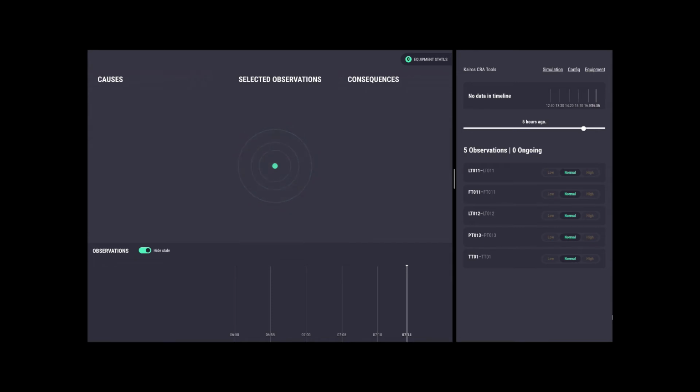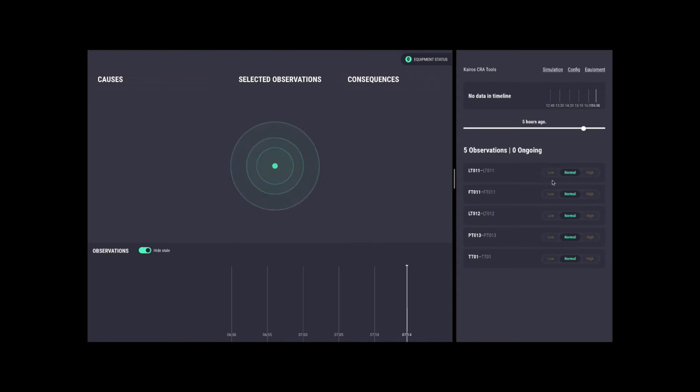So here we have the interface of the control room assistant on the left side, and on my right side I have a simulator where I can simulate observations from the process unit. As you can see, I have the sensors here on my right.